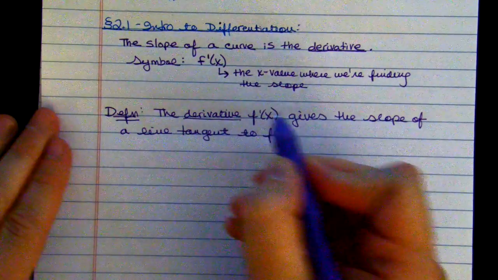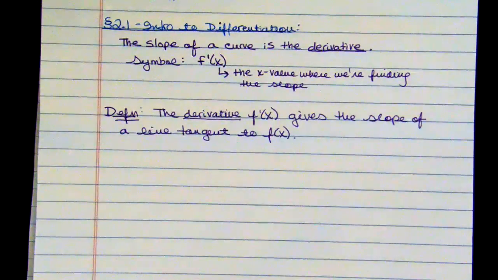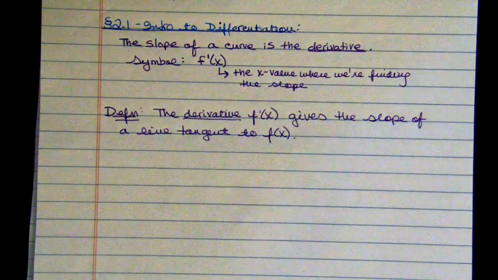The derivative, f prime of x, gives the slope of a line that is tangent, just touching, to f of x. If you need another moment, please pause the video.